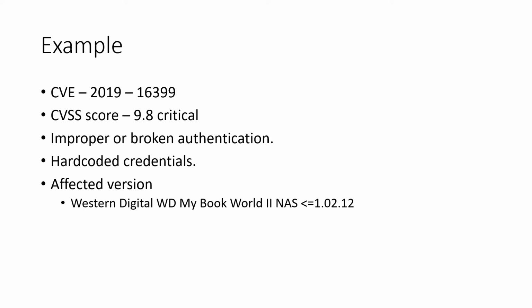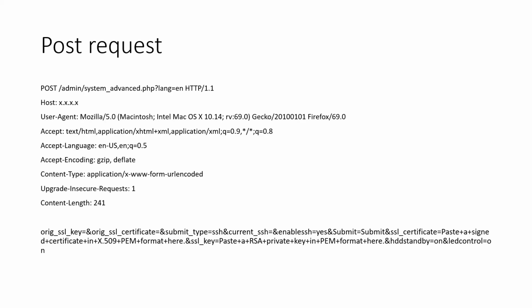Now let us look at the proper post request which was used. If we look at this post request, the entire post request is the proper request that has been used by the admins within the organization or by third parties.